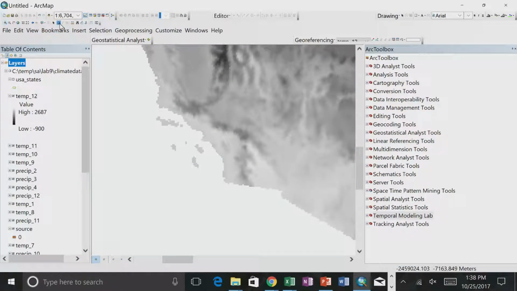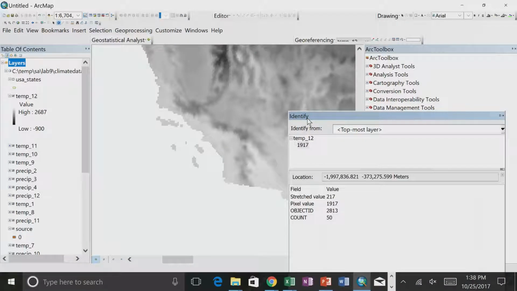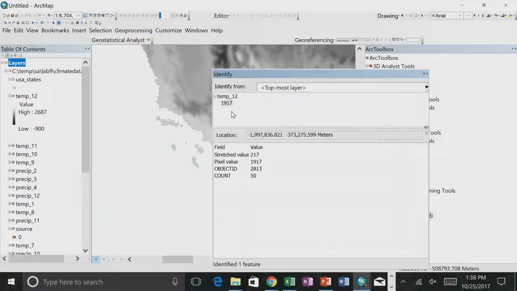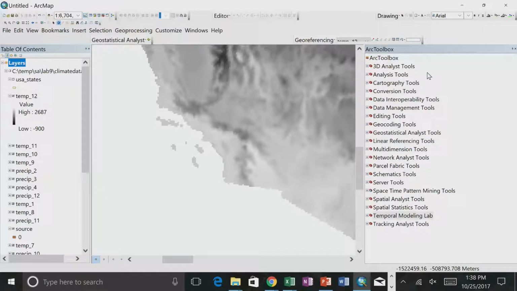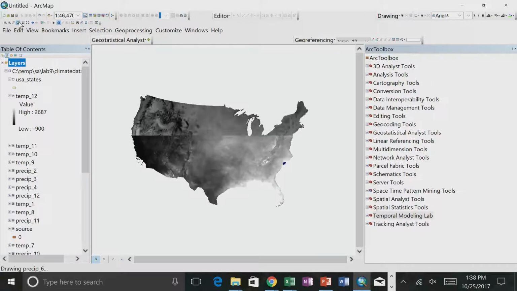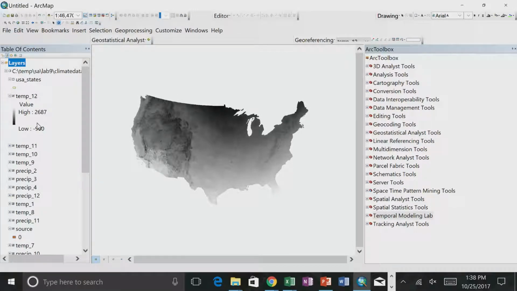Let's see what it is. Right there. It looks like the average temperature is 19.17, which seems like it's in the 60s. That's probably a reasonable temperature for December, pretty cool at night. I do think it's the average daytime temperature, though.